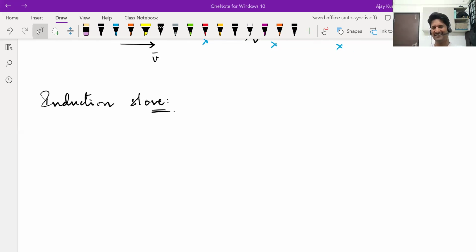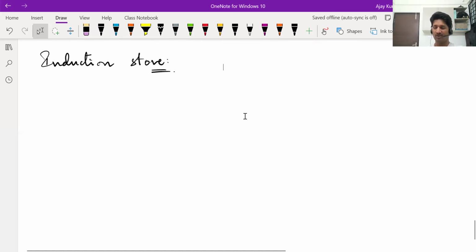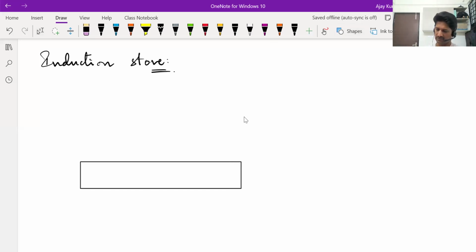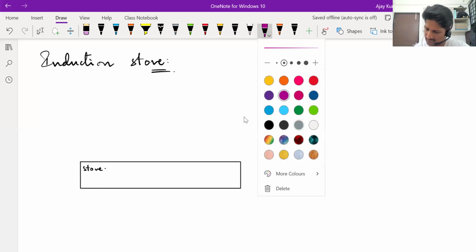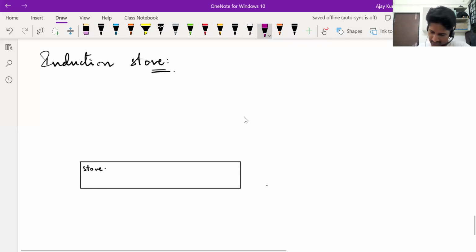See, if you have seen an induction stove being used, you must be aware that not all vessels can be used on an induction stove. It has to be induction compatible. So basically what happens in the induction stove is there will be a coil. Assume this is the stove, side view. The controls and all will be there, that's fine. But inside the stove, there is a coil.